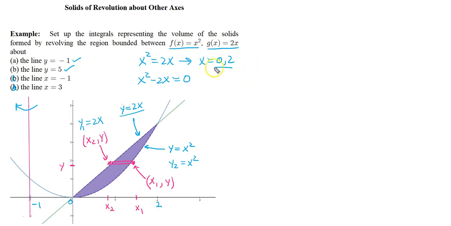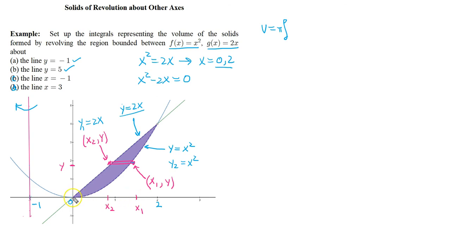Now we just have to do the same thing that we've done before. Volume is going to be integral pi times outer radius squared minus inner radius squared. Okay, the outer radius is now the distance from here to here. Well, that's being measured along the x-axis, so you see it's going to be this distance is 1 plus x1.